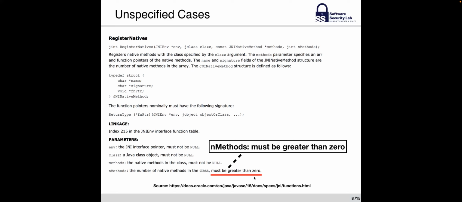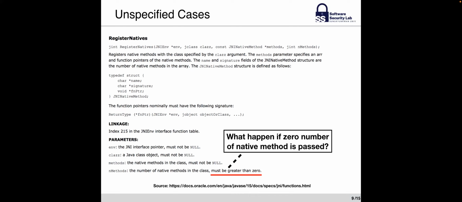This is explicitly stated in the JNI specification, but it does not explain how the JVM should behave when the fourth argument is the number 0 or a negative number. So this is another example of an unspecified case in the JNI specification.